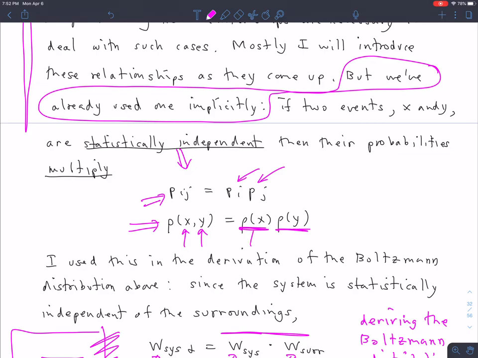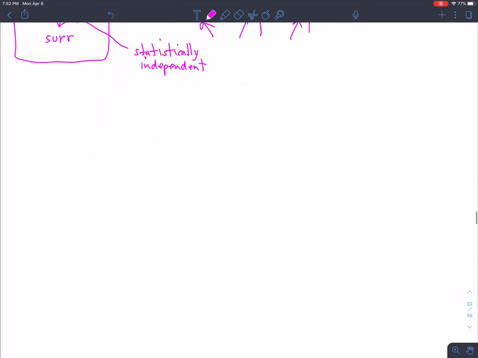So there'll be, in this case, a probability distribution for x and a separate probability distribution for y. And the overall probability distribution for both of them together is just the product of the two, and the same thing up here for the discrete case. Statistical independence is a really important property, and there's lots more to say about this, but we will save that for another day as they come up.